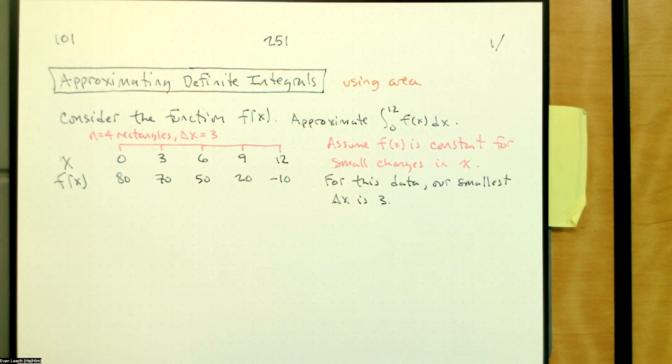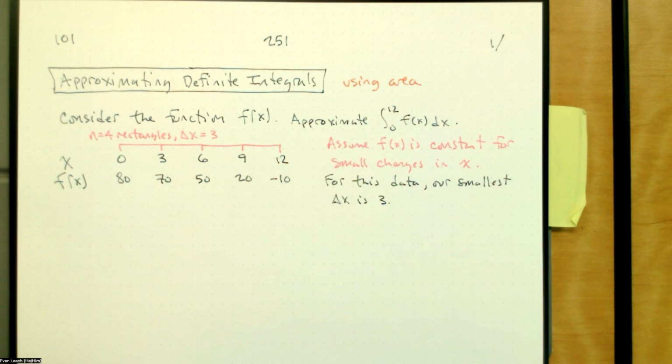The way we do this is we pick some value for the function on each of these rectangles to use for the height. So we're going to assume that the function is constant for small changes in x. In this case, the smallest delta x we can get is 3, based on the information that we're given. We have to choose some value for the function to be on each of these rectangles.